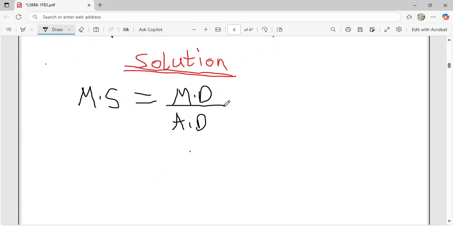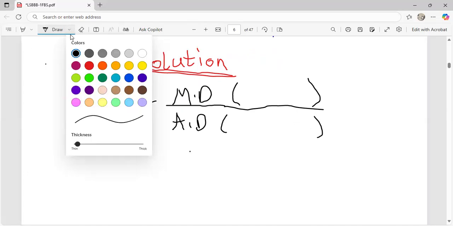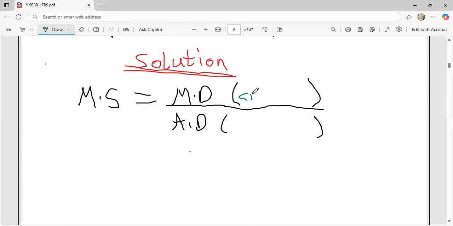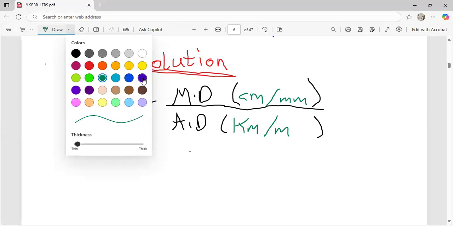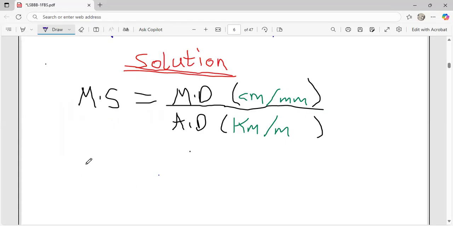Also, we said that the map distance is measured in either centimeters or millimeters, and the actual distance will either be in kilometers or meters. So take note of these things so that you don't misarrange them. If you misarrange them, it will affect your calculation.